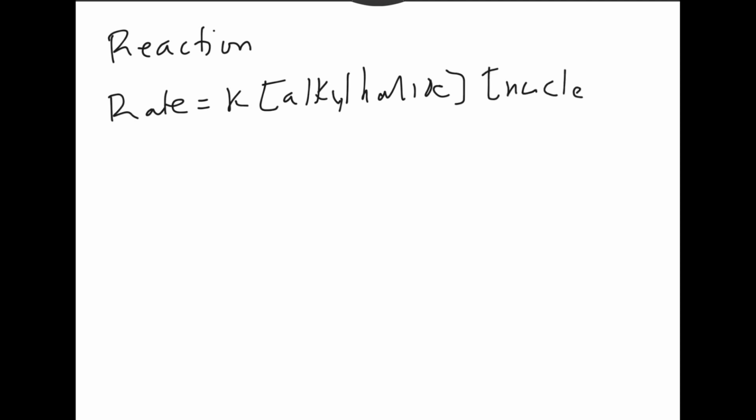Same thing we just had. And you have a rate of 1, 1, and 1. Right, so your rate is 1. Your concentration of alkyl halide is 1. Your concentration of nucleophile is 1. Cool.